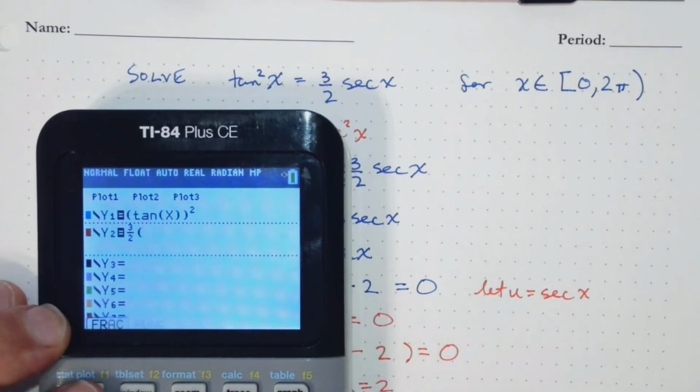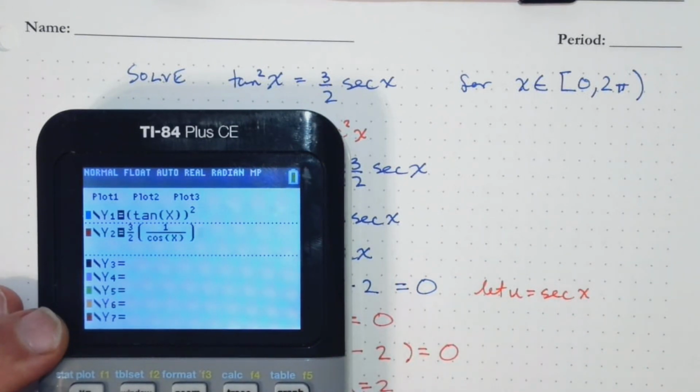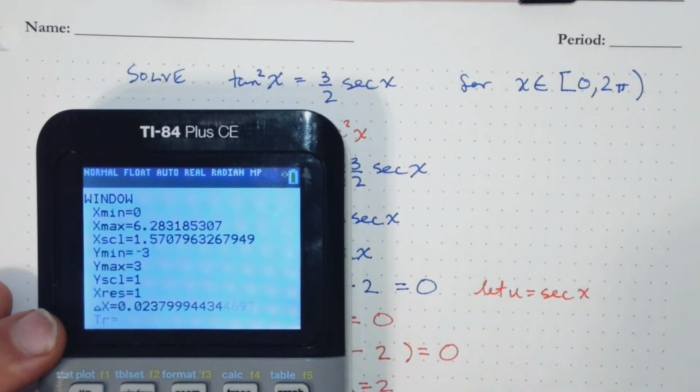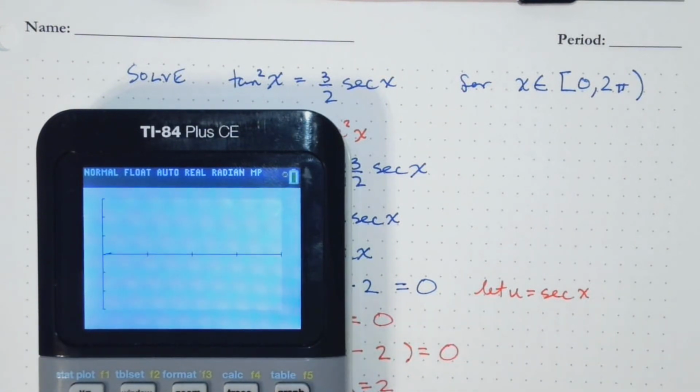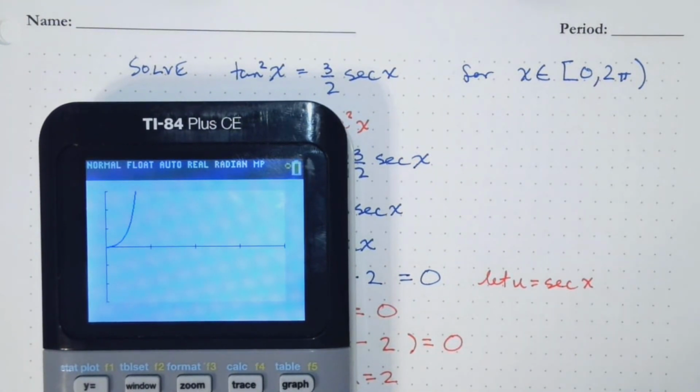So I have the following to represent tangent squared of x and 3/2 secant of x. My window is from 0 to 2 pi, and I want to find if there is any intersection. Let's graph, and we'll see if we can see our graphs. If not, we will need to look closer.